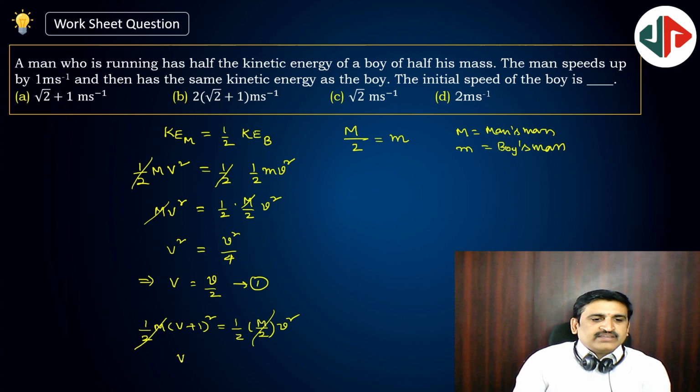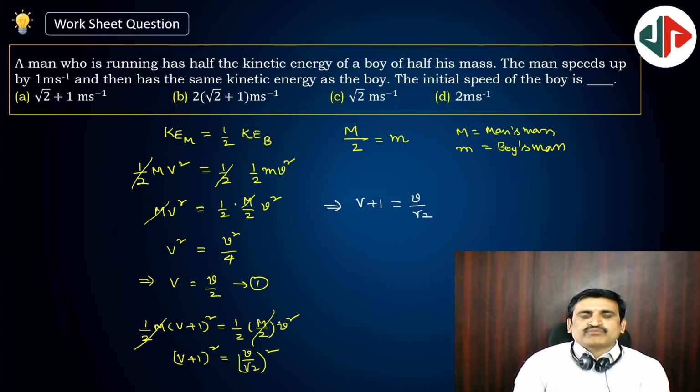Then (V plus 1) whole square is equal to (v by root 2) square. Is it correct? V square by 2. Yes. So V plus 1 is equal to v by root 2.